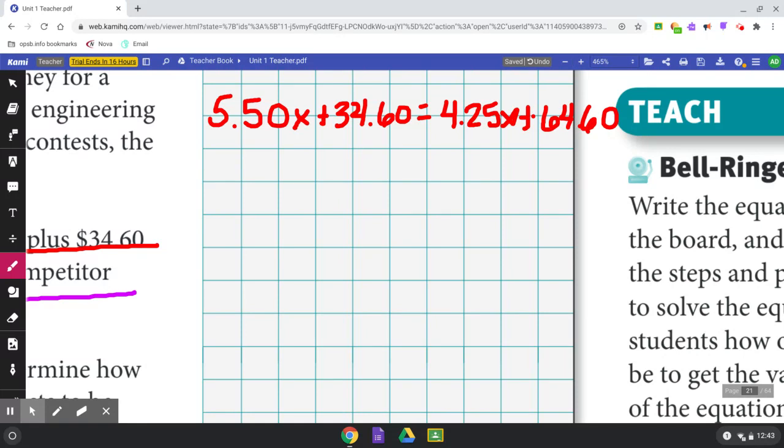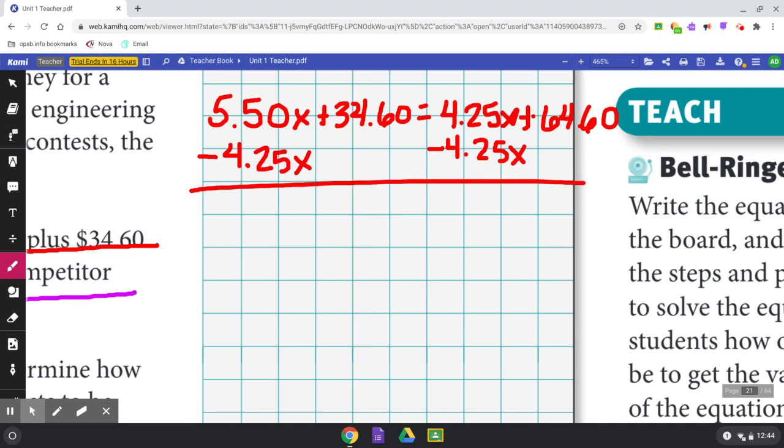So I'm going to focus on getting my terms with my variable x on one side and my constants on the right. In order to do that, you can start this in 4 different ways, but this is what I'm going to do. I'm going to subtract the $4.25 x from both sides. I'm going to try to keep everything positive.